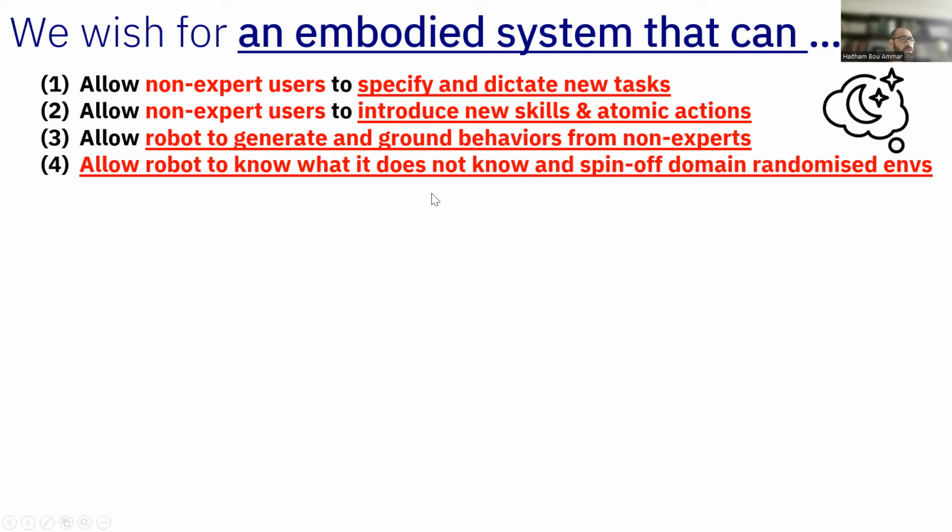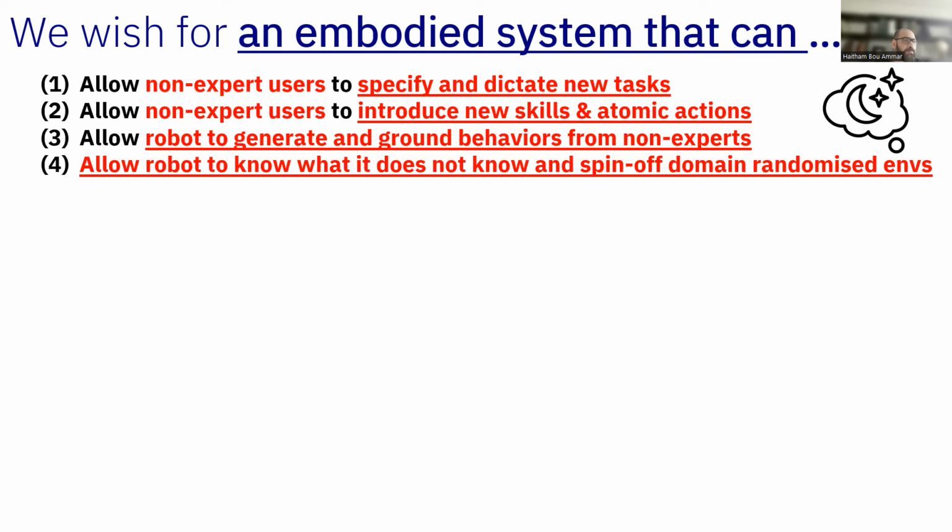And the last part, which is maybe like a blue sky thing, is maybe the ultimate goal where we would like to reach. We don't know how to do that yet, but this is kind of the vision: we would like to allow the robot to know what it does not know. So what do I mean by that? Well, you told it, make me coffee, right?